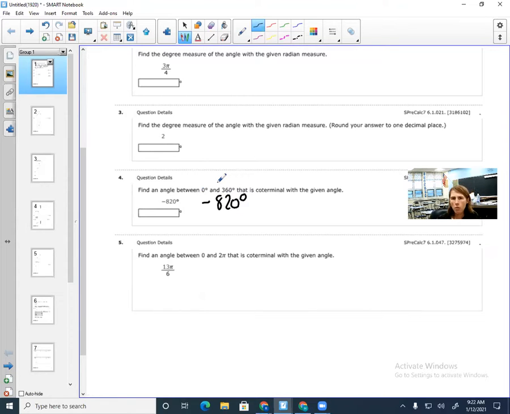So think about this, how would I get there? I would need to add 360. Now, some of you might be able to do this a lot faster and say, could I add 720 and skip ahead? Yes, you could. So go ahead and add 360.